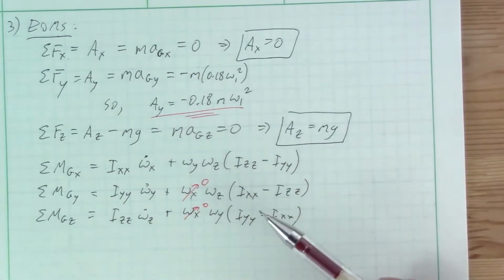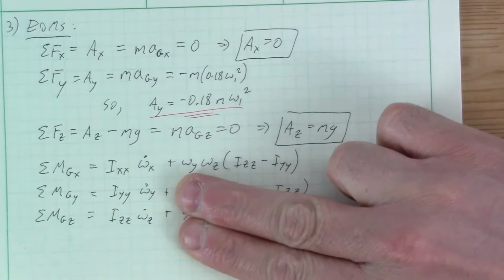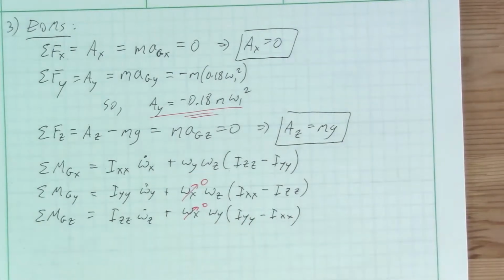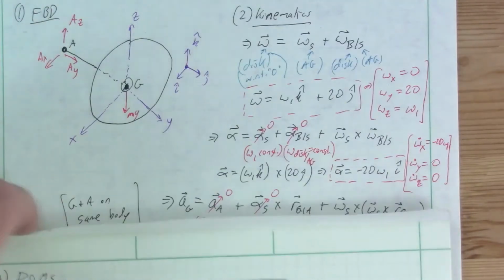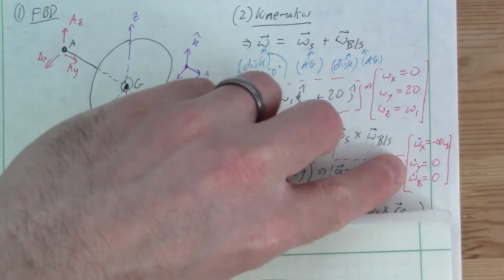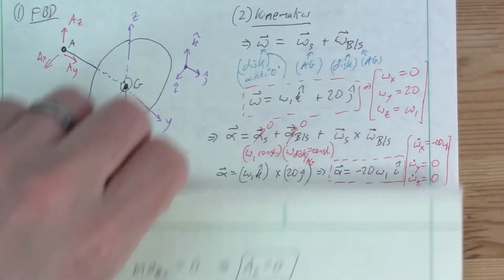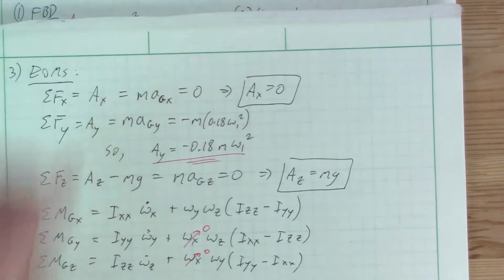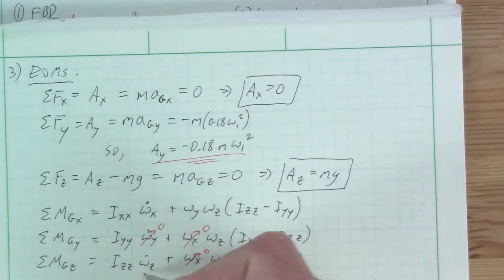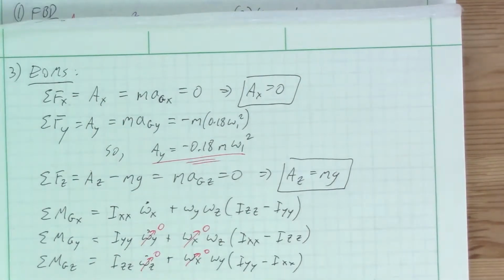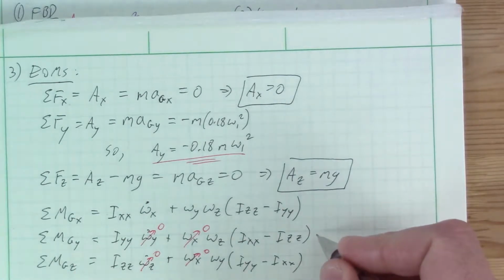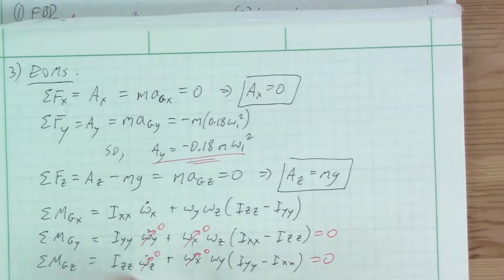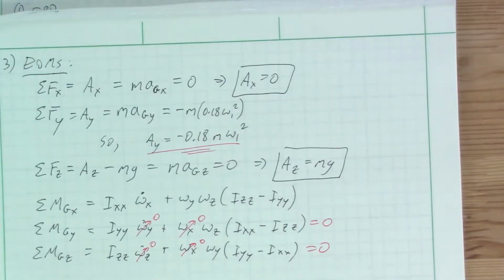That's already hugely simplifying. In terms of the acceleration, the omega dots in y and z are both 0. So that's that one and that one. Look at that. The only thing non-zero is this. So we must get the sum of the moments about the y-axis and z-axis to be 0.